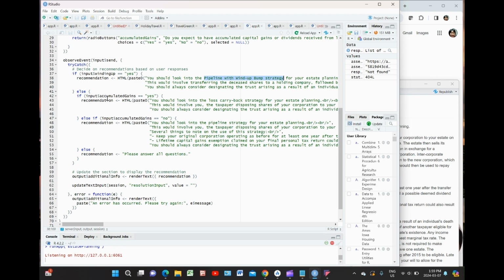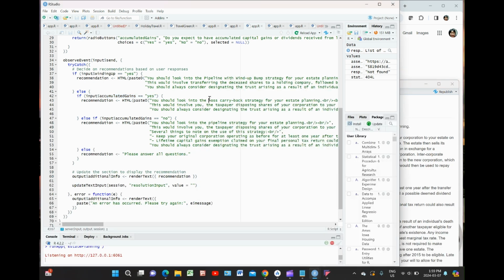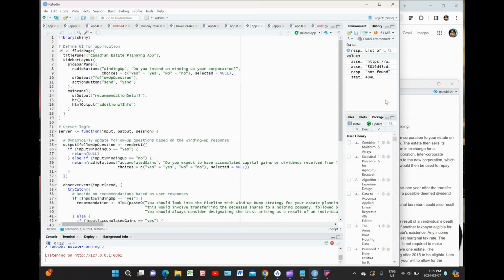And the accumulated gains question, when it's answered yes, which is the second question, then the loss carryback strategy is displayed on the app. Otherwise, the pipeline strategy is recommended on the app. And that's all to this app.